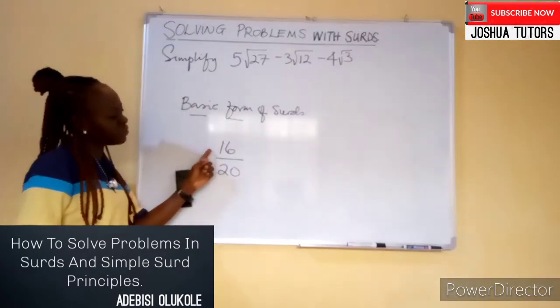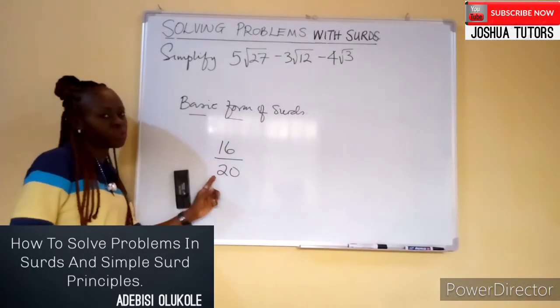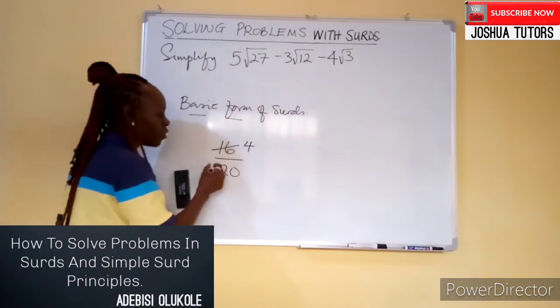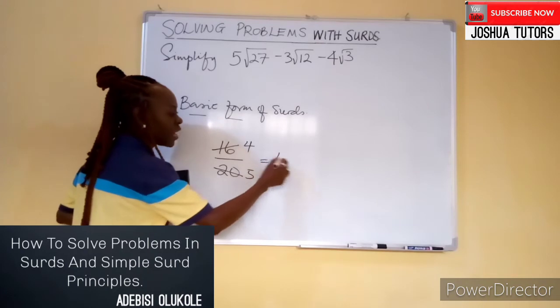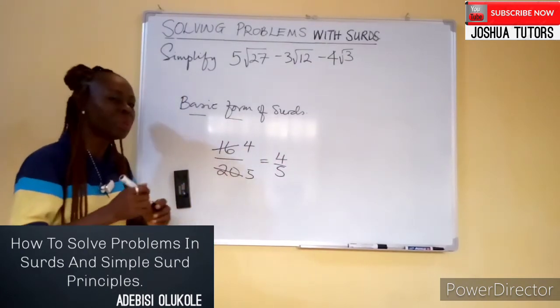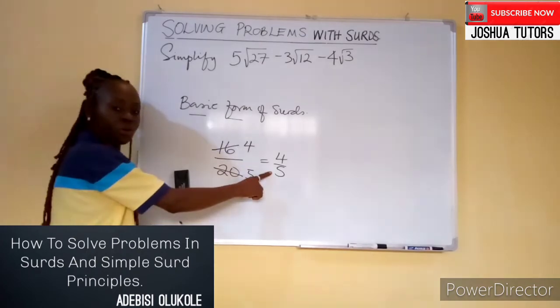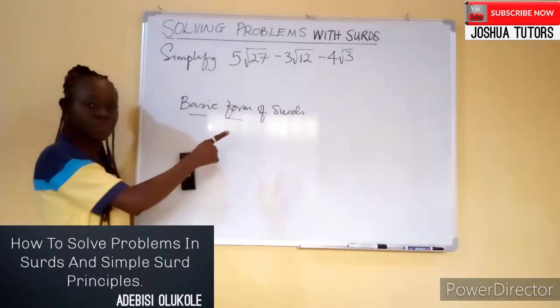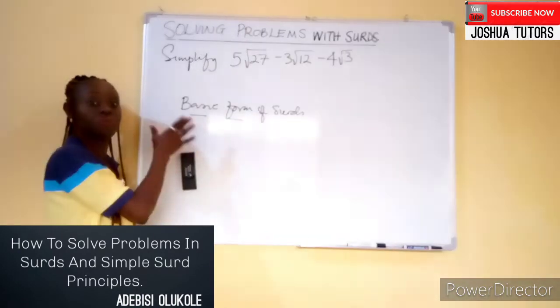So, I can divide 16 by 4, I can divide 20 by 4. That's their common factor. So 4 goes into 16 four times and 4 goes into 20 five times. Final answer 4 over 5. I have brought 16 over 20 to its basic form. I can no longer go beyond this point. So that's what I mean when I say surds can be brought to their basic form.